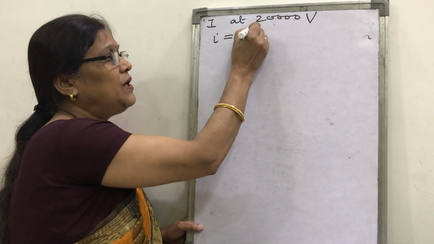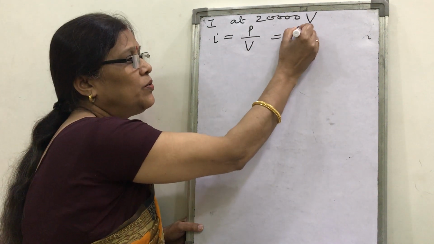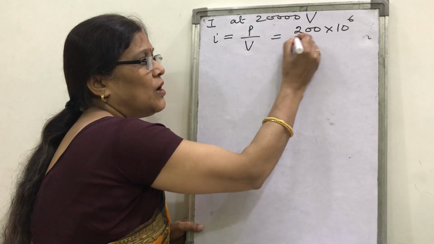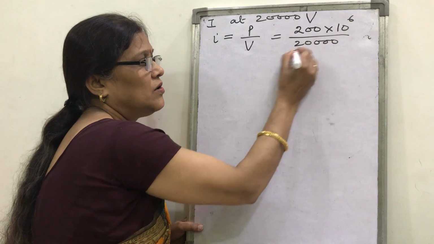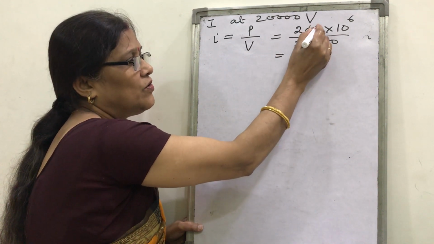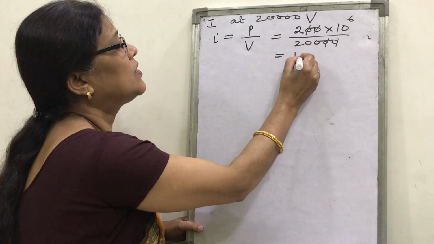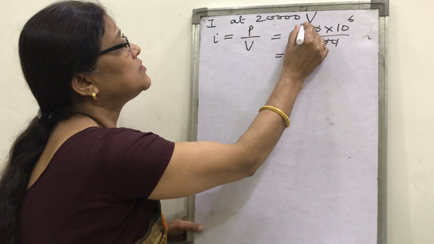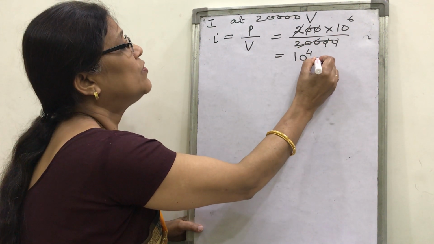I is P upon V. What is P? 200 mega, and mega means 10 to the power 6, upon 20,000 volt. So the current will be 10 to the power 4 ampere.